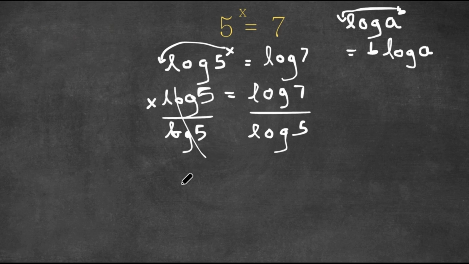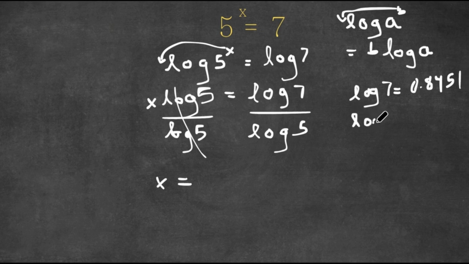So now these two cancel out, and I'm left with x is equal to log 7 over log 5, and log 7 is equal to approximately 0.8451, and log 5 is equal to approximately 0.6990.